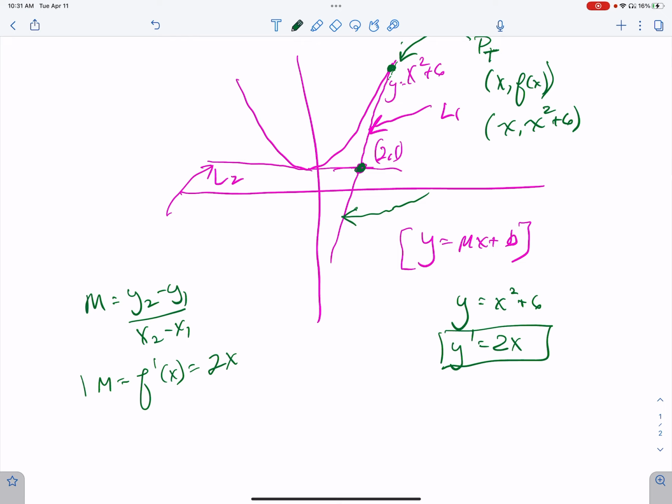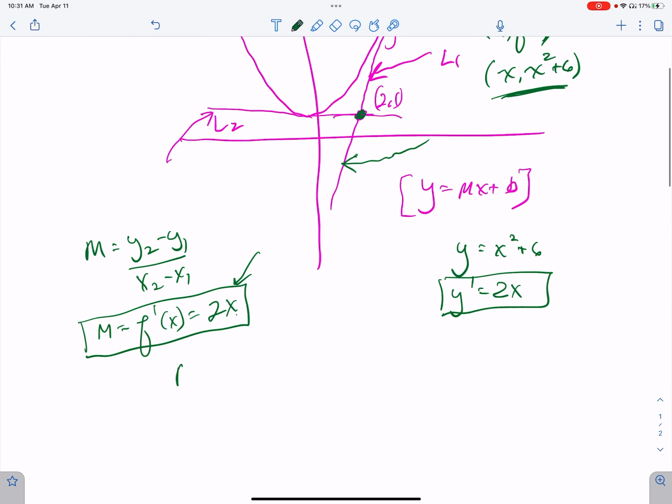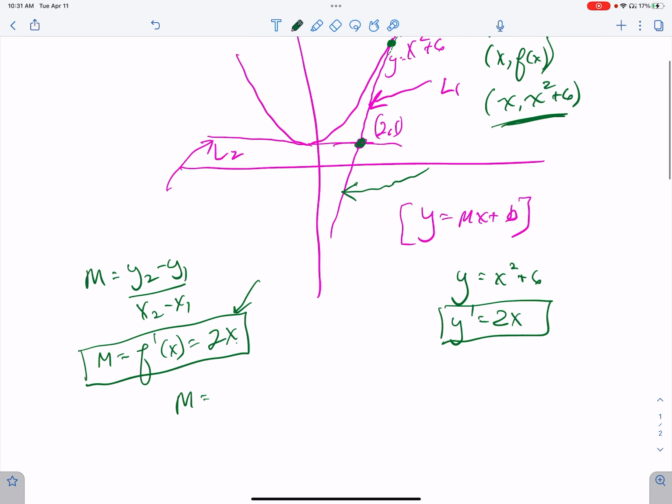We know for this specific curve that the slope is equal to 2x. That means x is the tangent point, which we don't have other than this generic representation. However, we do have the general equation for the slope because we now have 2 points. We have (x, x squared plus 6), and we have (2, 1).